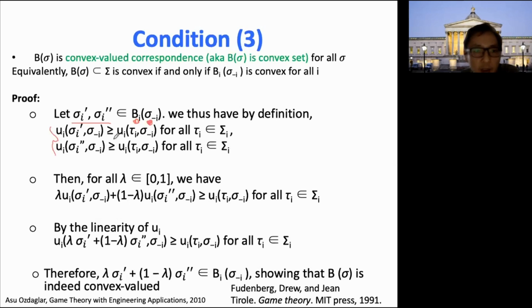Because this equality holds, you can write it down, adding them together like this. You can make use of the linearity of the utility function and put this lambda into it, and therefore this becomes a best response as well, so it is also part of this best response set. Therefore, this proves that it is indeed convex valued.